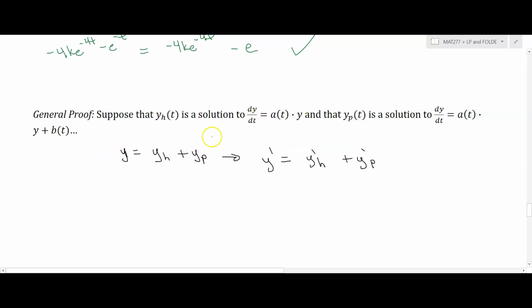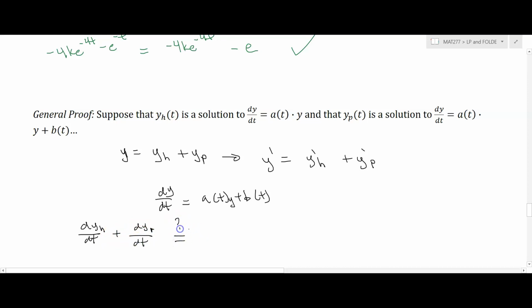And so now, if I want to verify that it's a solution to dy dt equals a of t y plus b of t, I need to show that the two sides are equal to each other. The derivative of y is y prime of h, or I'll write it as dy h dt, plus dy p dt.